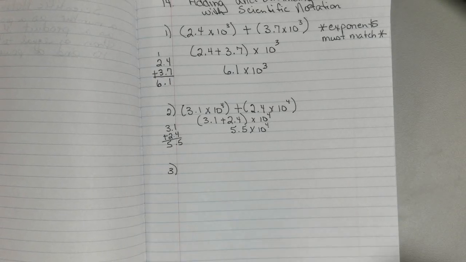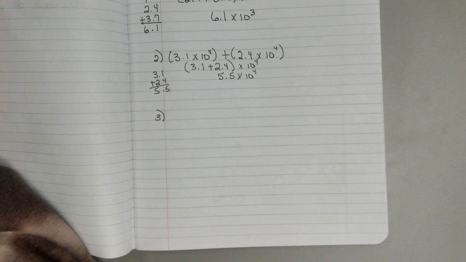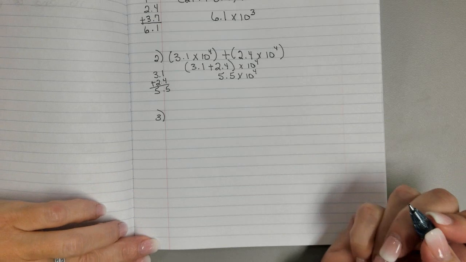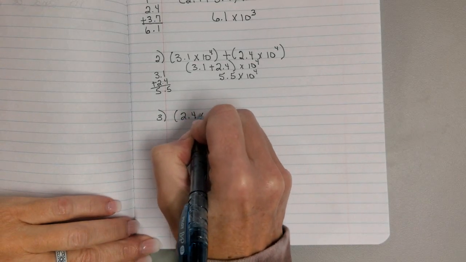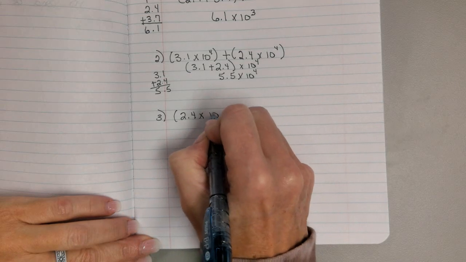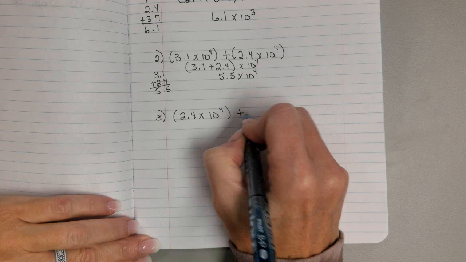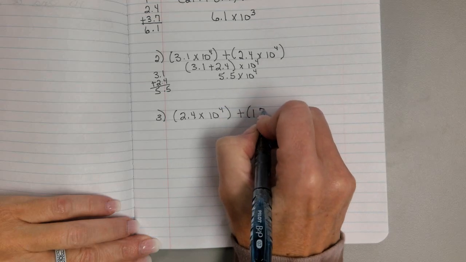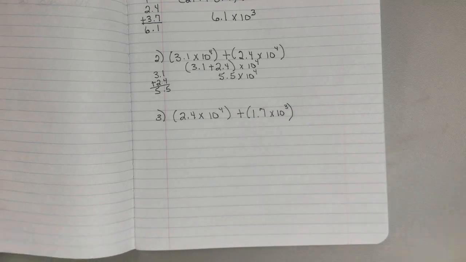All right, now let's look at one where the exponents do not match and what we need to do. All right, so for number 3, let's have 2.4 times 10 to the fourth plus 1.7 times 10 to the third.